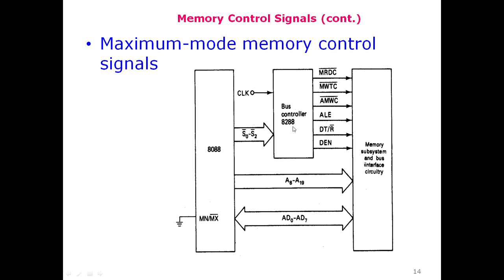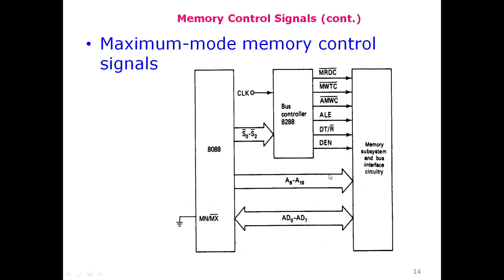This is a bus controller, and just like the microprocessor, it receives a clock signal to synchronize its activities. And in response, this controller generates the control signals for the memory and input and output devices.